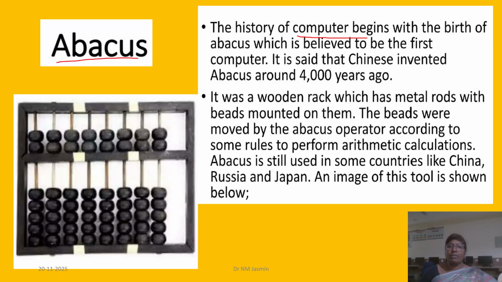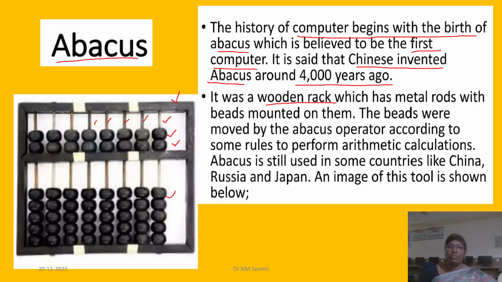The history of computer begins with the birth of abacus, which was developed to be the first computer. It is said that the Chinese invented abacus around 4000 years ago. If you see the image of the abacus here, it has a wooden rack with metal rods, like this, with the beads mounted on them.